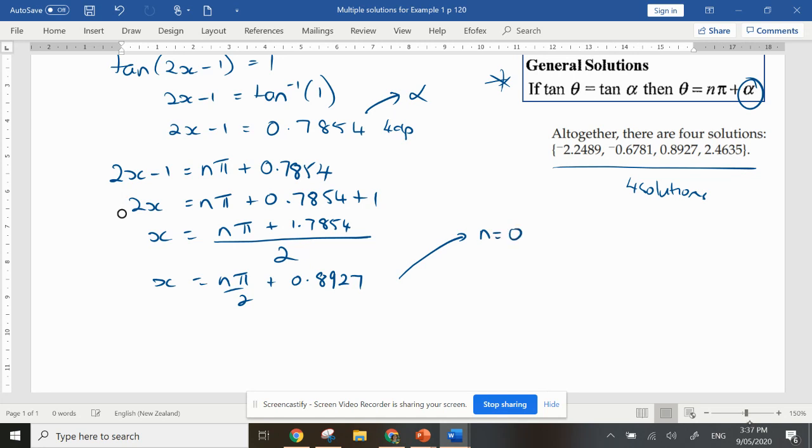Right, we need the solutions for that, so we're going to do it over here. We're going to make n 0. If n was 0, that would give you x equals 0.8927. If you choose where n is 1, that would give you x equals n times pi over 2, so pi over 2 plus 0.8927. Let me just do that on the calculator, pi divided by 2 plus 0.8927.